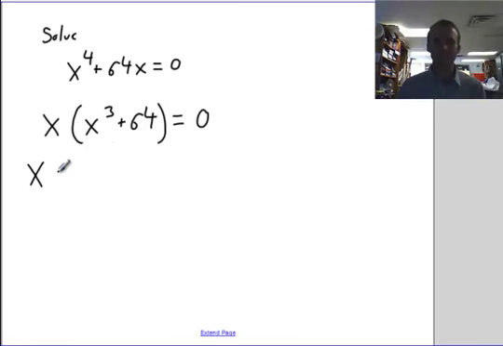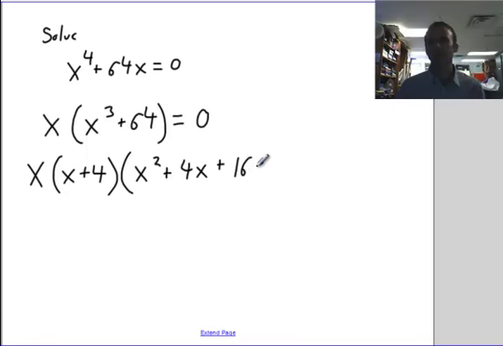So this was the other day's lesson. So that would become x plus 4 and x squared plus 4x plus 16. All that equal to 0.